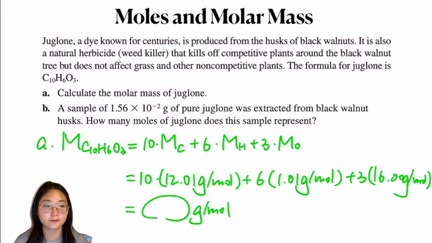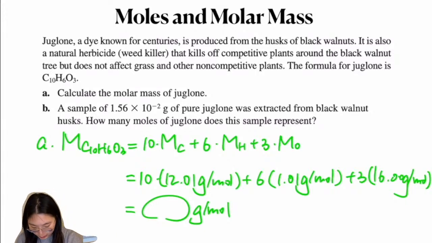Okay, and what about B? A sample of 1.56 times 10 to the negative 2 grams of pure juglone was extracted from the black walnut husk. How many moles of juglone does this sample represent? Let me try to calculate it first. So we have 55.26 grams per mole.